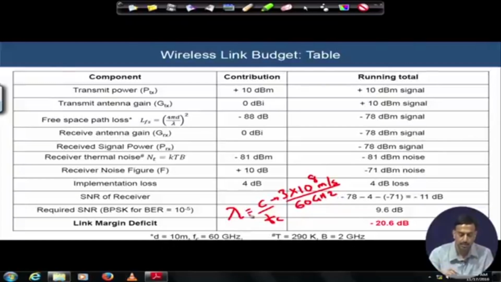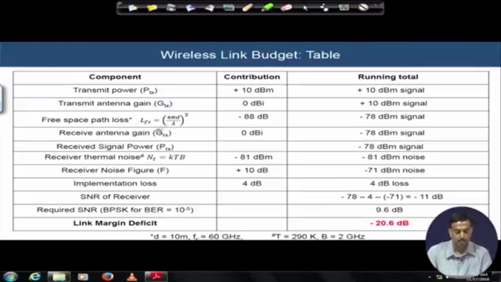So this lambda can be substituted over here, and we calculate this free space loss in dB terms to be equal to minus 88 dB. This is a straightforward calculation. In dB, it's nothing but 20 log to the base 10 of 4 pi d by lambda.